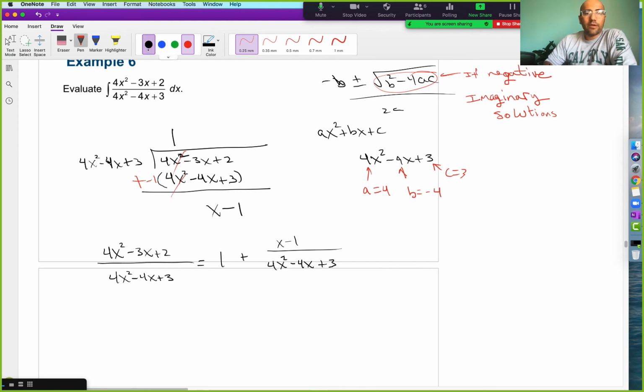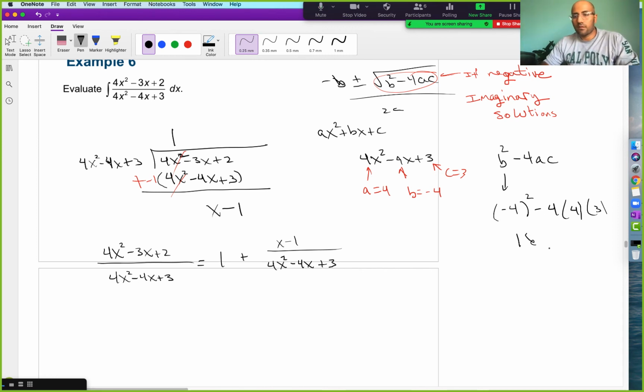So for the b squared part, we have b squared minus 4ac. This is going to end up being negative 4 squared minus 4 times 4 times 3. This is going to be 16 minus 16 times 3, which is 48.